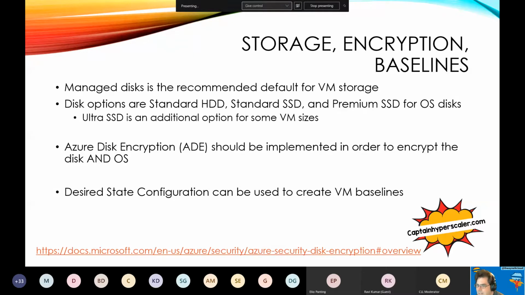The difference between the standard SSD, premium SSD, and Ultra SSD is really just the IOPS and the speed of those disks. So it's important, if you're talking about memory optimized machines or disk optimized machines, you're probably going to see the Ultra SSD. For the most part, you see a default as the D series for most workloads within the Azure environment, and those have the SSDs for the standard and premium generally.